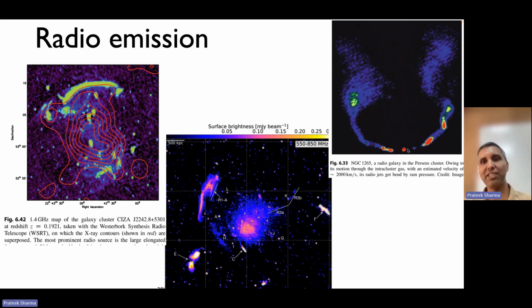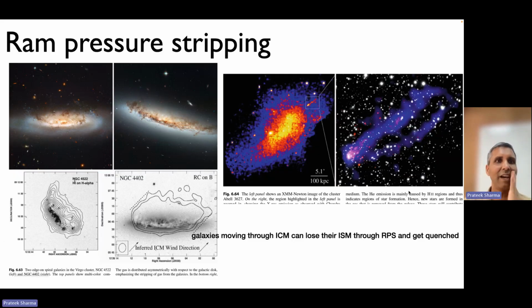This is a galaxy which is moving through the Perseus cluster, and as it is moving, the dense intracluster medium is shaping the appearance of the radio jets. This galaxy is moving in this direction, and that radio emission is getting combed in the wake.